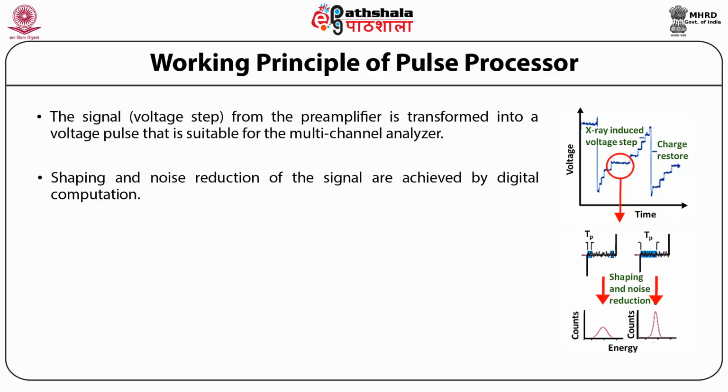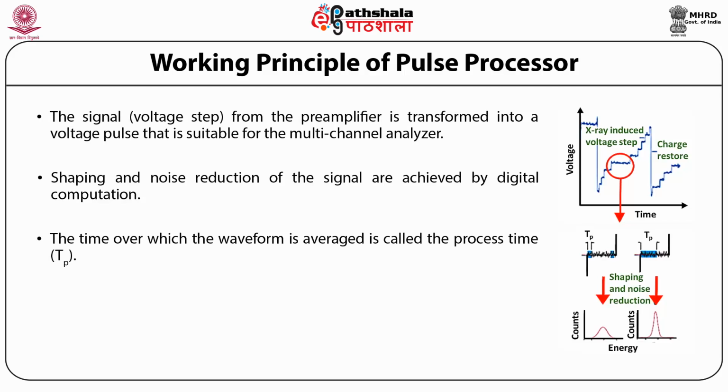The noise on the voltage ramp from the detector is effectively filtered out by averaging this signal. The time over which the waveform is averaged is called the process time, is denoted by Tp, and can be controlled by the operator. The longer the Tp, the lower is the noise on the voltage ramp.